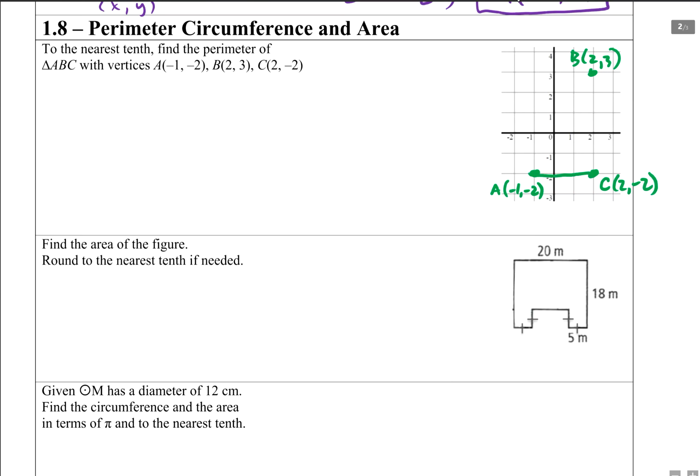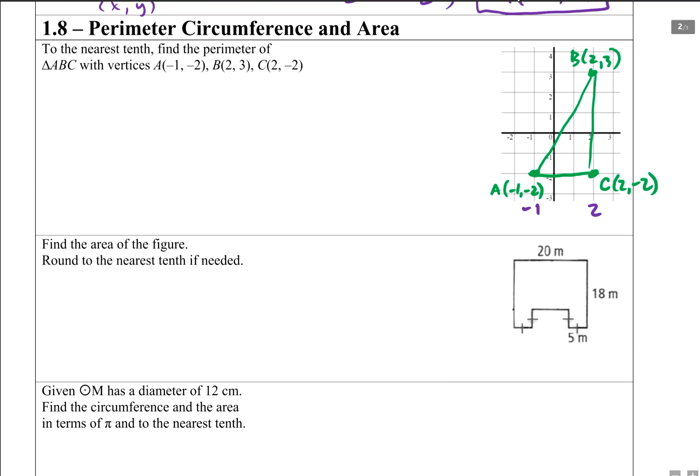There's our triangle. All right, to find perimeter, we know perimeter means that we are finding the sum of all of the lengths of the sides. And so I know I have formulas to do that. I'm looking for the distance formula. And I have a horizontal line here that goes from negative 1 to positive 2.